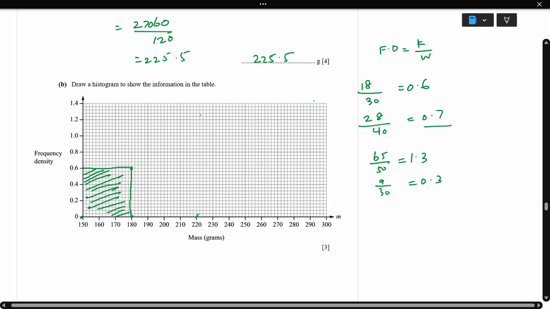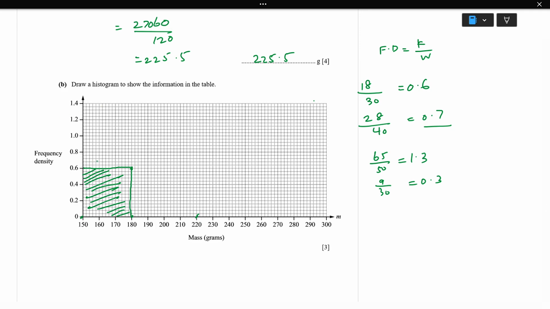The height is 0.7, from here to here. Here also we need to shade.